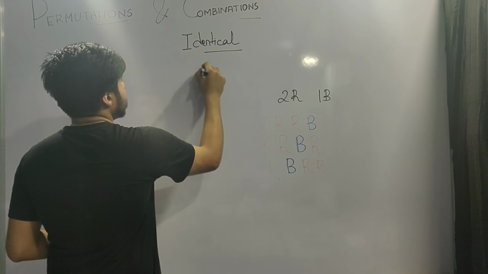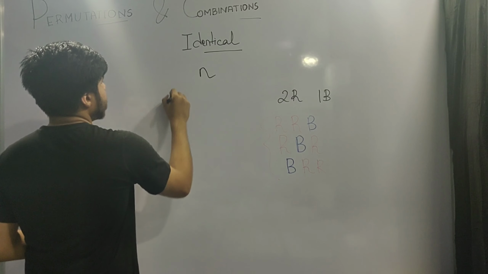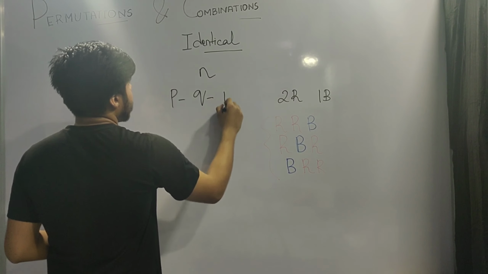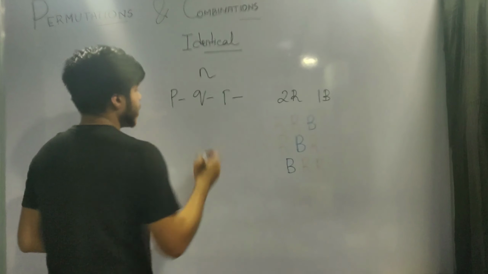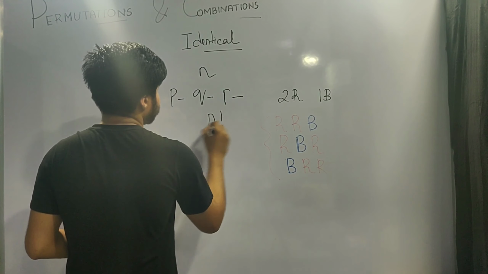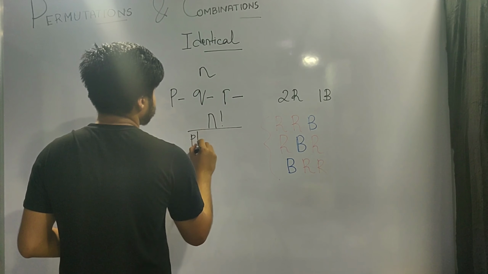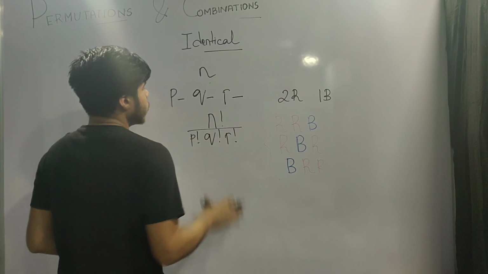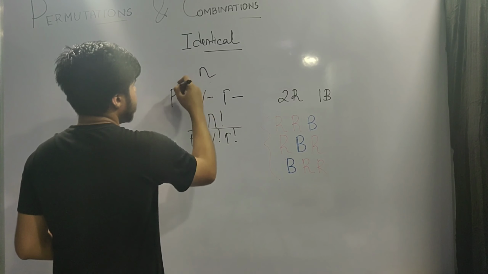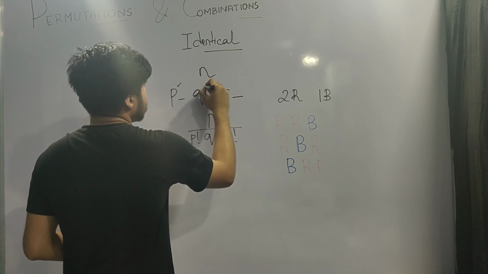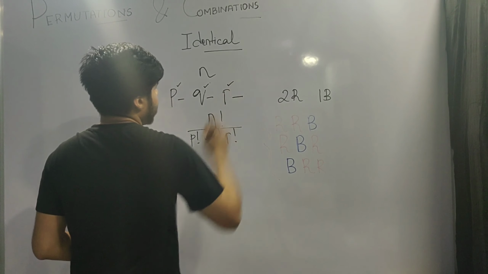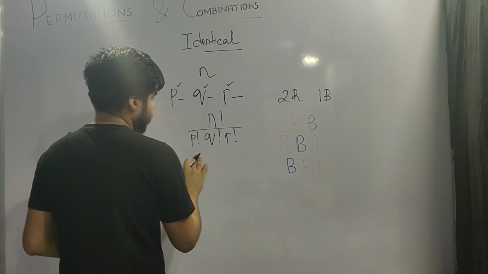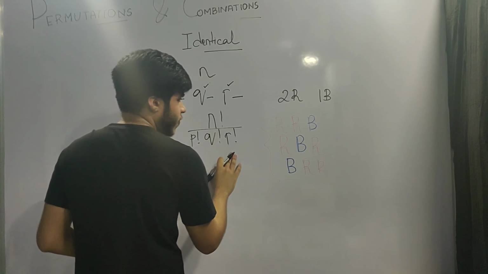If you have n objects out of which p are of one kind, q are of another kind and r are of a different kind, then I can arrange them linearly in n factorial by p factorial into q factorial into r factorial ways. So I have n objects in total, p of the first kind, q of the second kind and r of the third kind. So I can arrange them in n!/(p! q! r!) ways.